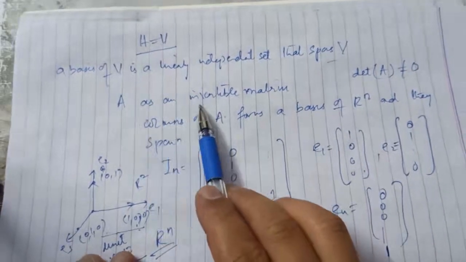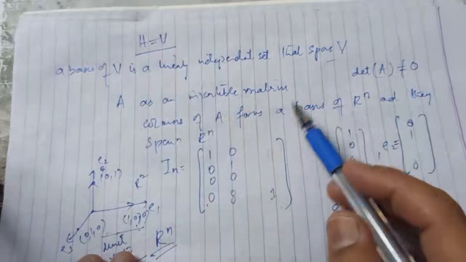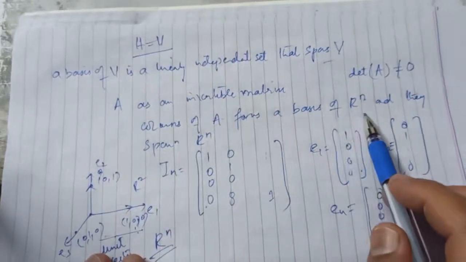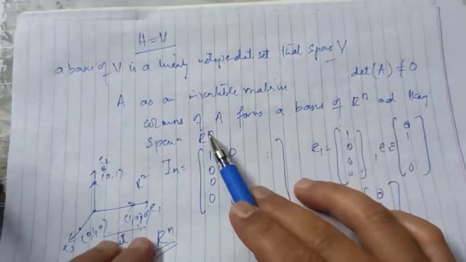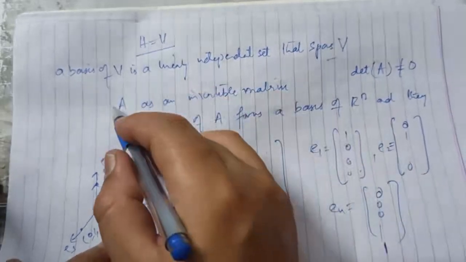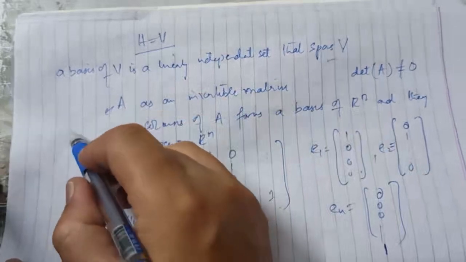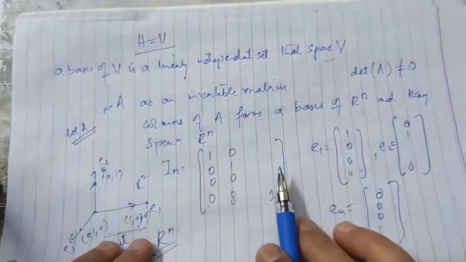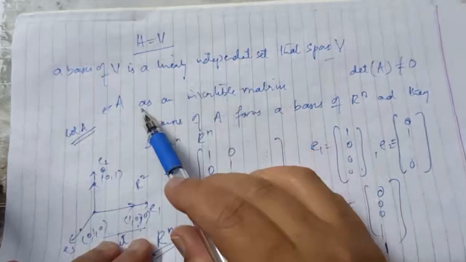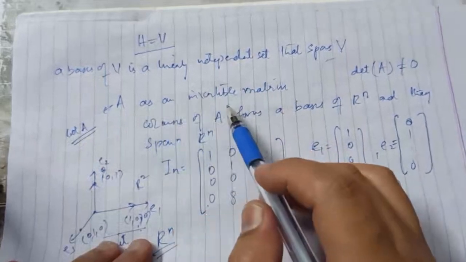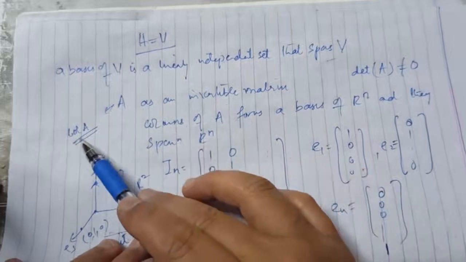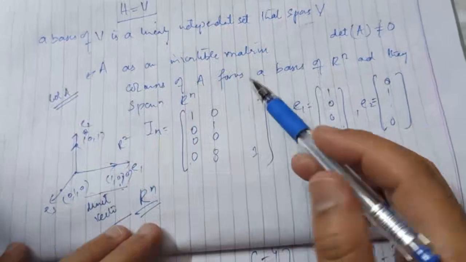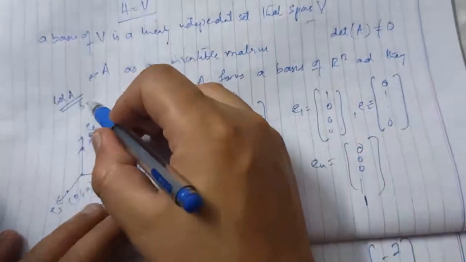If A is an invertible matrix, the columns of A form a basis of R^n. So in this case, if A is an invertible matrix, the columns of A will form the basis of the vector space formed by Col A, and they actually span R^n.